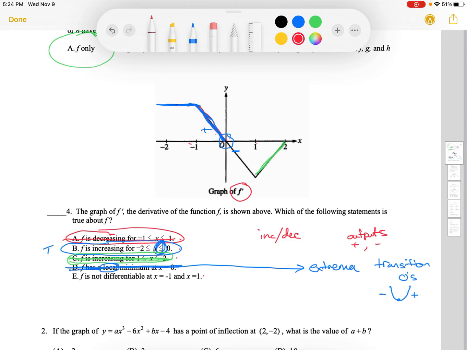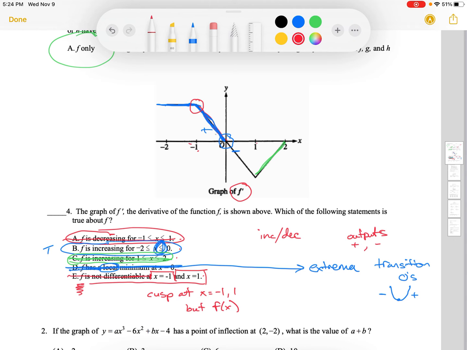And then you got to be careful with letter E. It says F is not differentiable at these 2 values. Not differentiable would mean it needs a cusp at x equals -1 and +1, but that cusp has to be on f of x, not f prime of x. So you can see that because there's a derivative value at -1, this is not true.